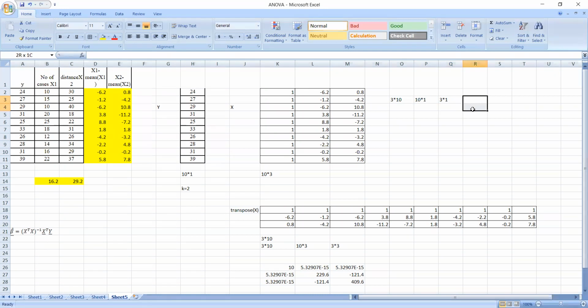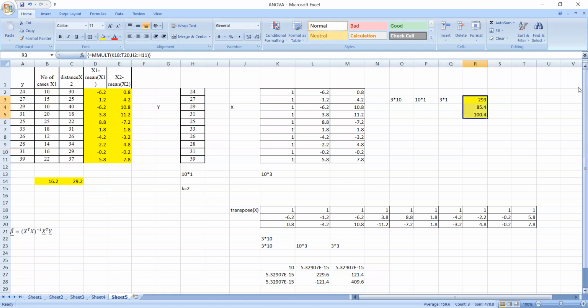So I'm going to select 3 rows and 1 column, and use the matrix multiplication function. X transpose is this, comma, matrix Y is this, close the brackets, Shift Control Enter. Now we have the X transpose Y matrix.